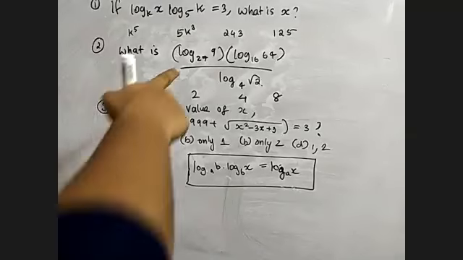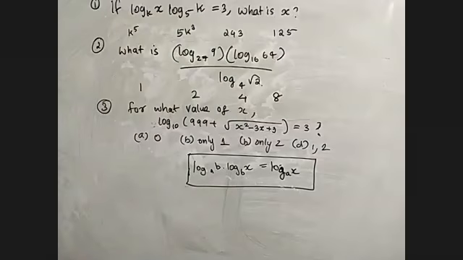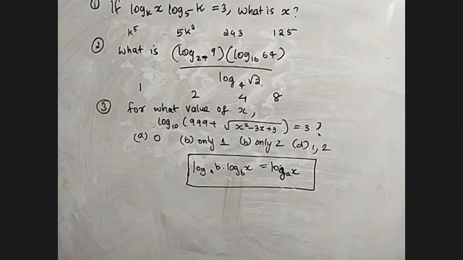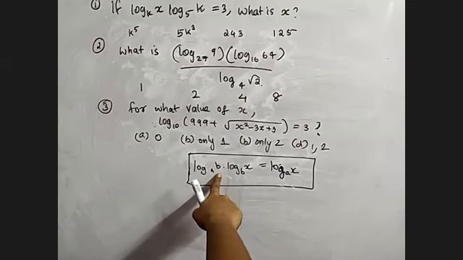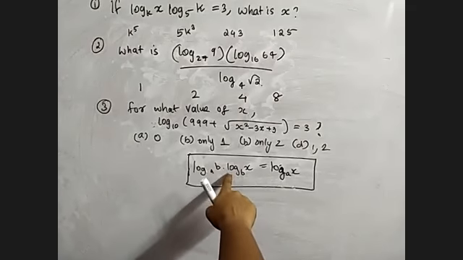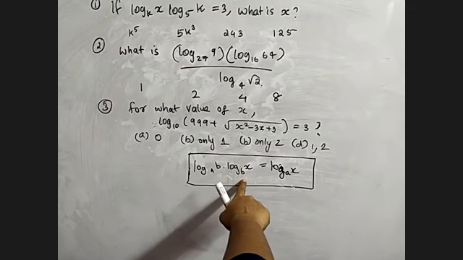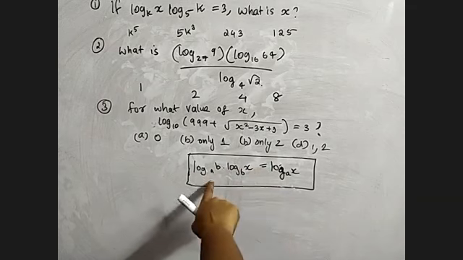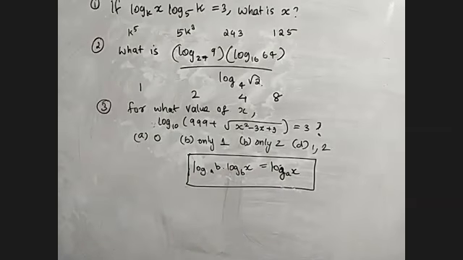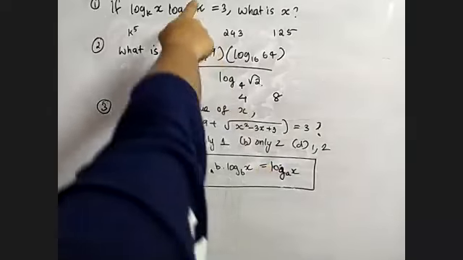See, you need to do this question with that property. See, log AB, and in the next term, B is going as base. Then it can be written as log AX. So using this property, do the first question.